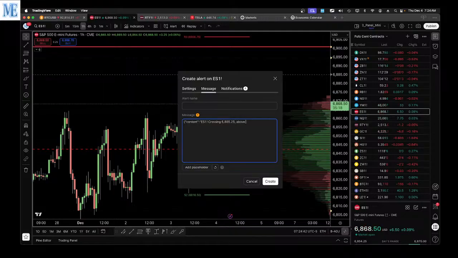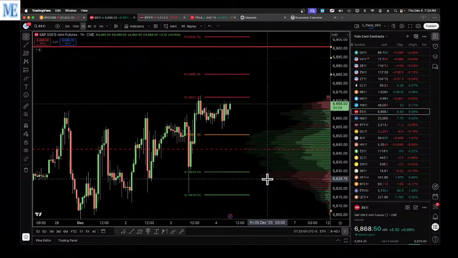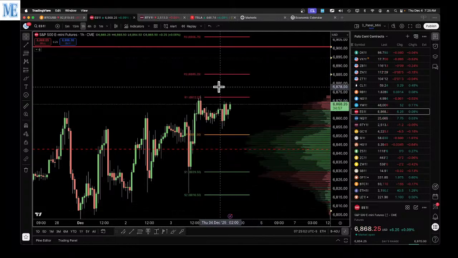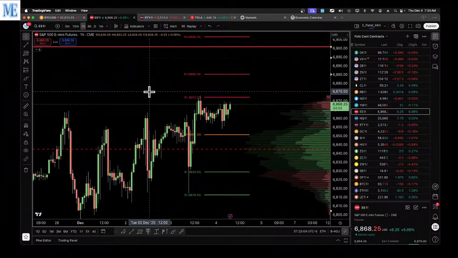And that's an S2 on 12.0425. Okay. So that looks like a pretty good spot.